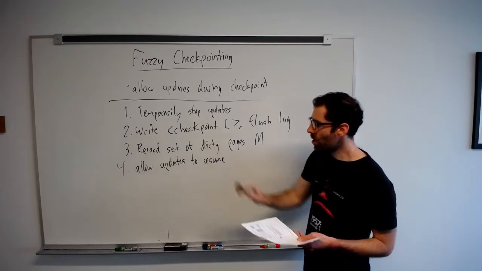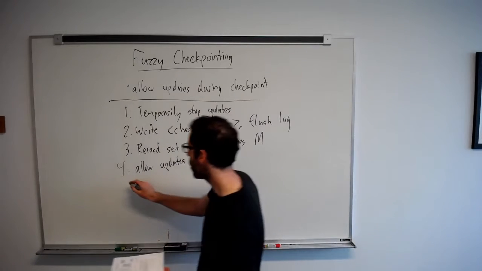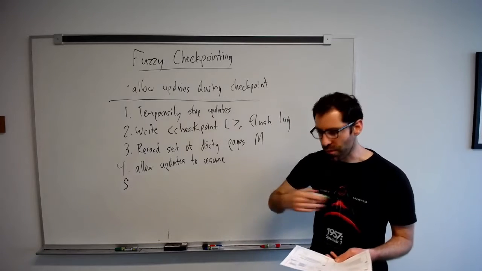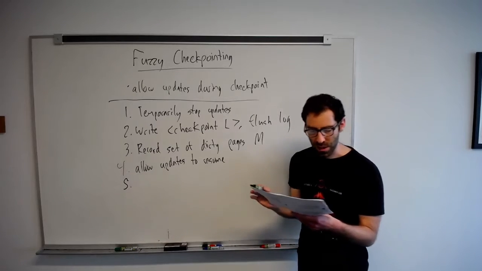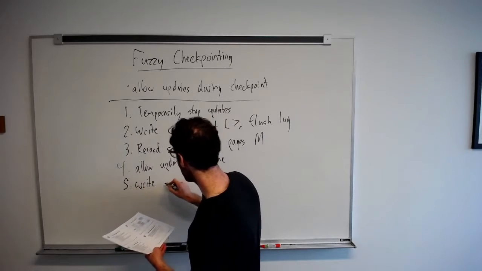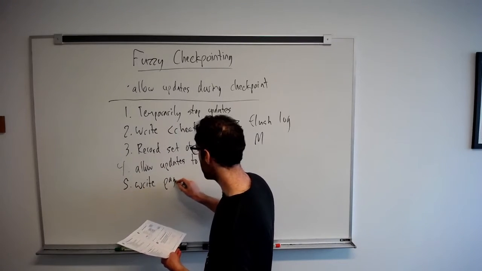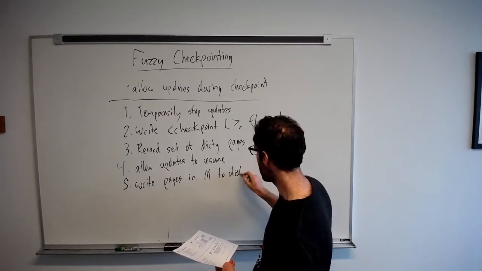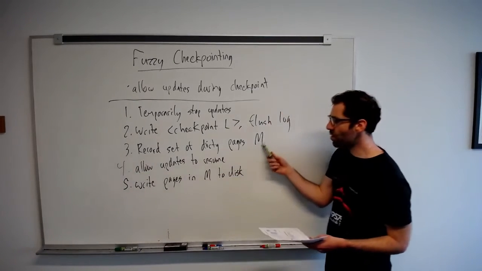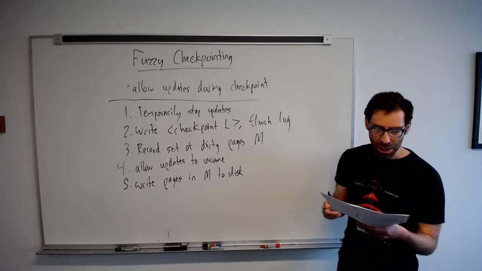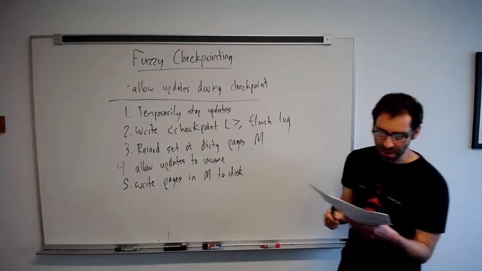And now that updates are running, we can do the slow part of the checkpoint, which is flushing all our dirty pages out to disk. So we'll go through the dirty pages that we saw at the time of the checkpoint and write all of those to disk.